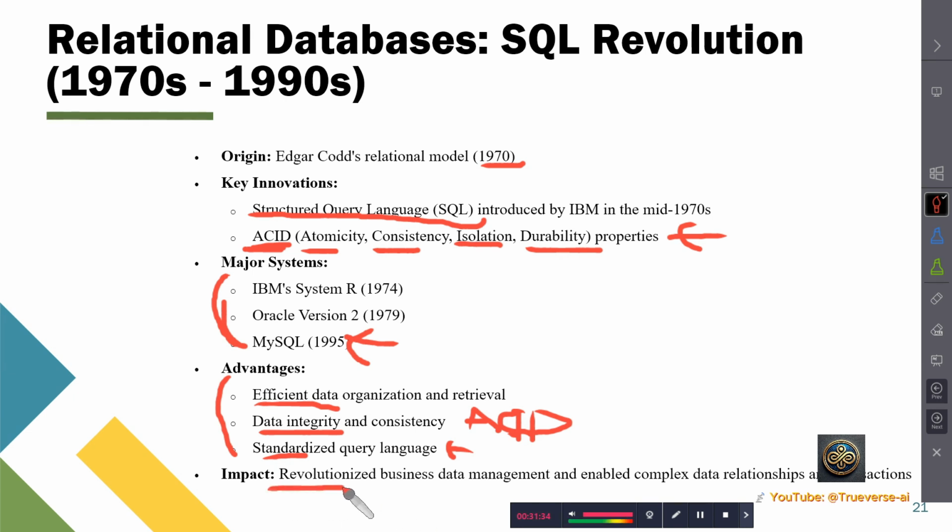So really, relational databases revolutionized how businesses manage and utilize their data. They allow companies to store structured data efficiently, maintain relationships between data points, and run complex transactions securely.